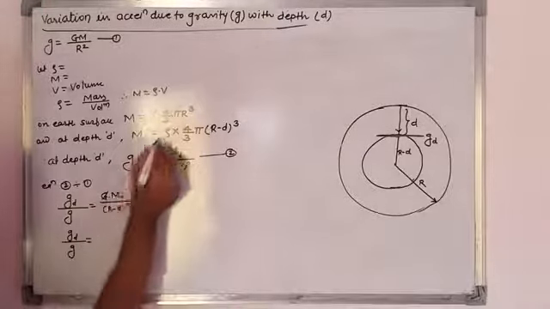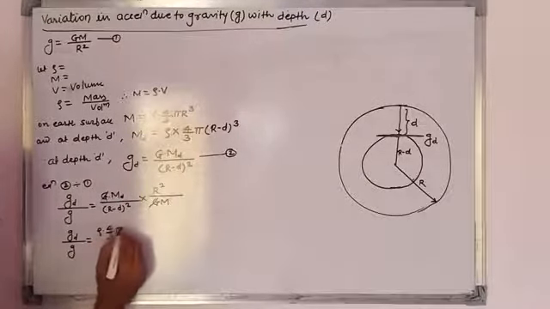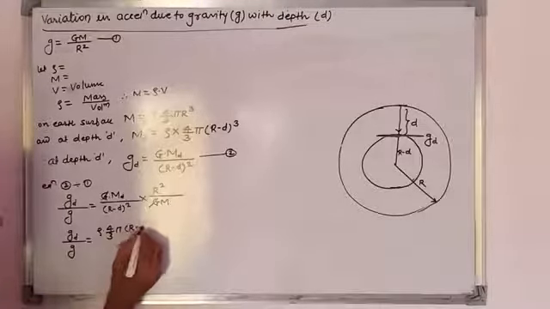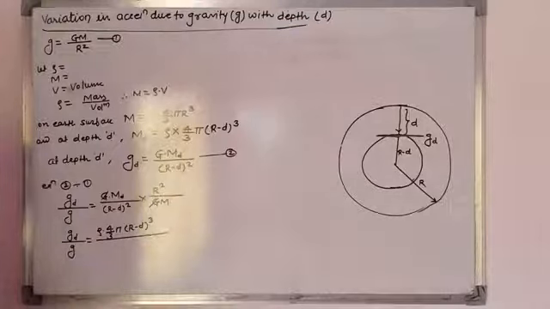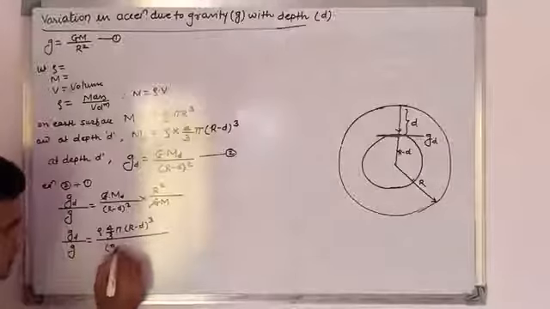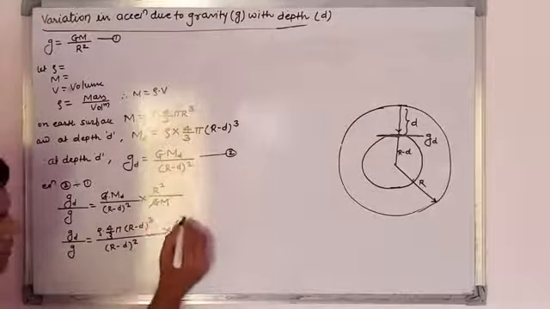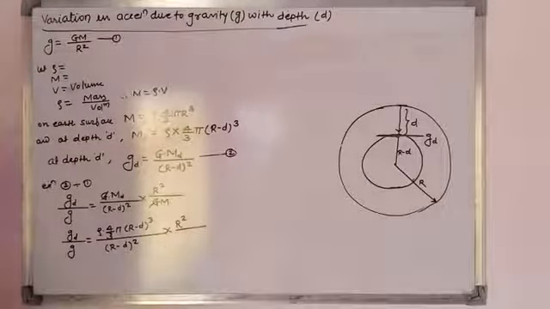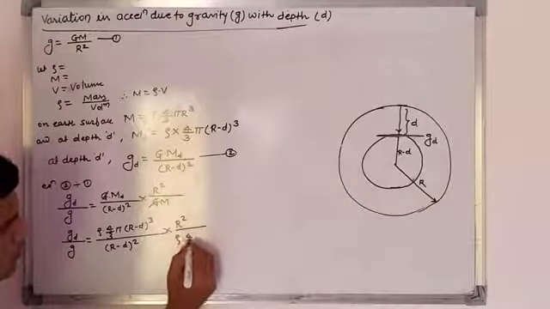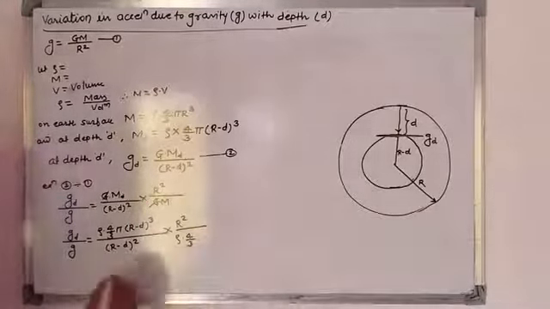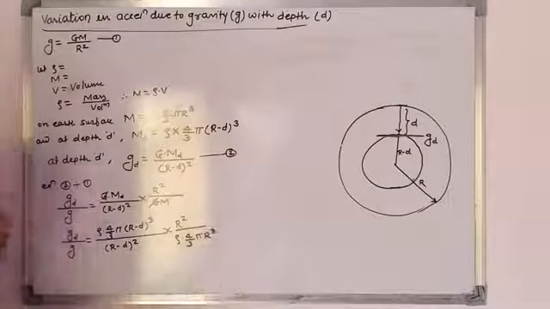The value of Md is rho into 4/3 pi r minus d whole cube upon r minus d whole square, into r square upon M, where M is rho into 4/3 pi r cube.